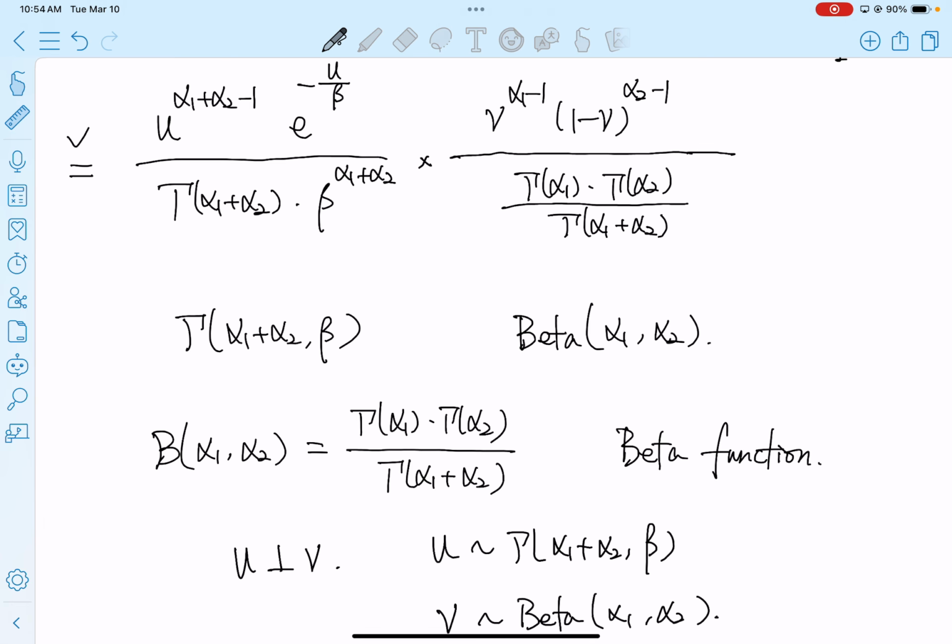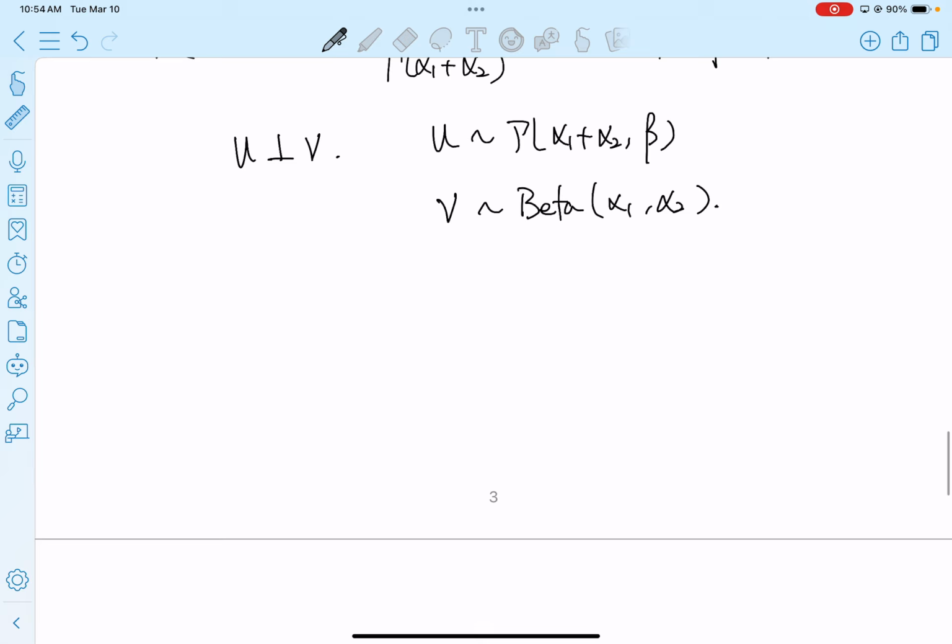Oh, okay. So let me write down the probability density function of x, where x follows a beta distribution with parameters alpha 1 and alpha 2.